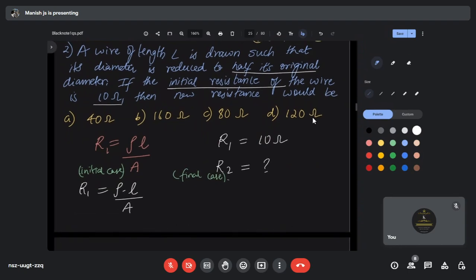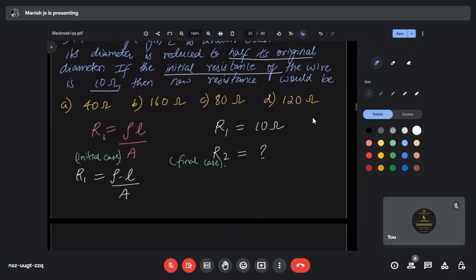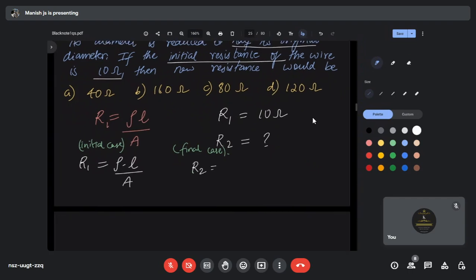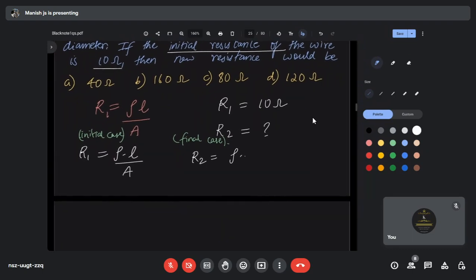So final case, what are we doing? We are reducing its diameter. Okay, we reduce to half its original diameter. So diameter is becoming half. So when you reduce a diameter, what will happen? Length will increase, sir. Okay, so length will increase by what factor? 2L, sir. Double. Okay. Length doubled.